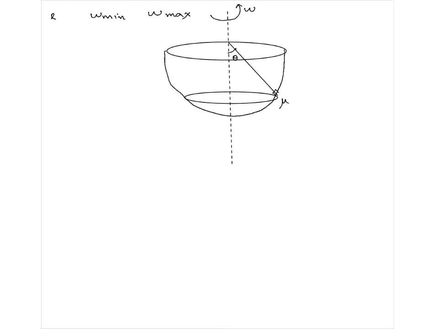What is the radius of that circle? This is r. So r cos theta, this is r sin theta.